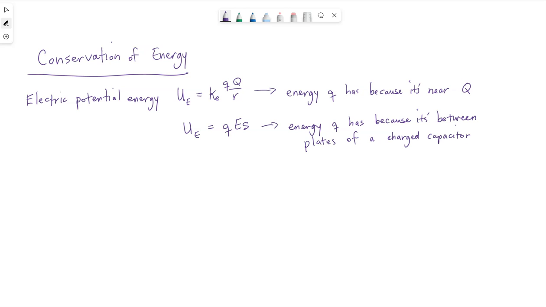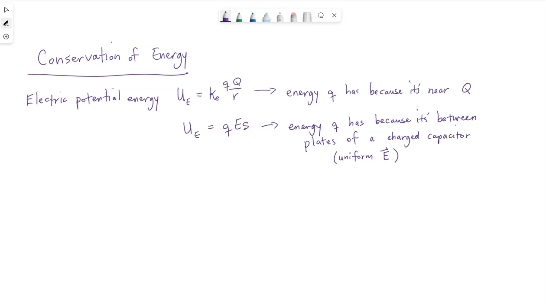This is only specific to this situation. It can work actually for any uniform electric field. If we know we have a situation where we have a uniform electric field, it can simplify to this situation where S is specifically defined as 0 at the lowest possible potential energy location.